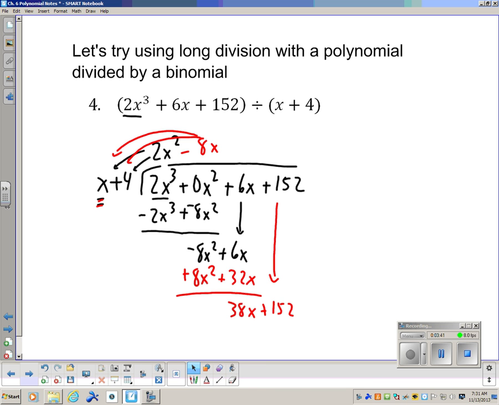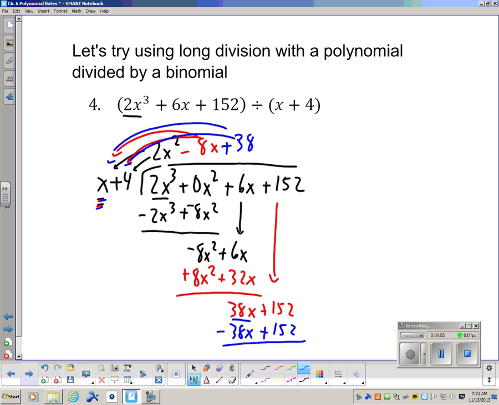So now I'm going to think x times what gives me 38x. That would be 38. So 38 times x gives me 38x. 38 times 4 there gives me 152.